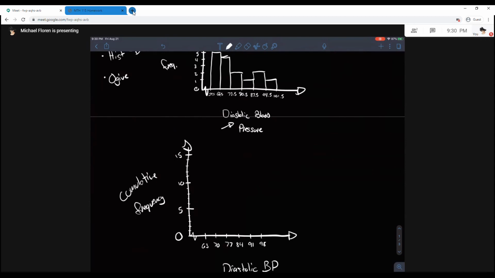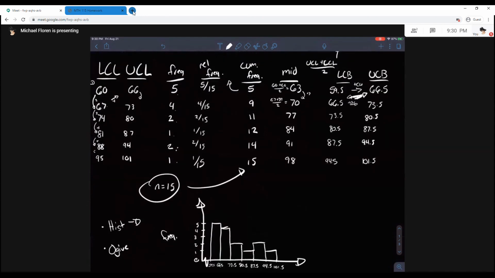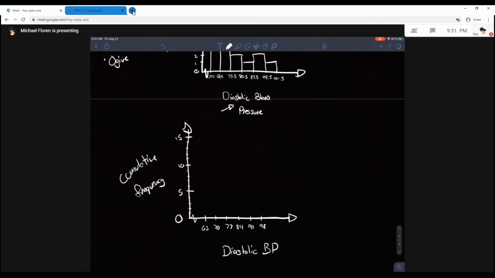All right, and then for my midpoint, I start at my midpoint and I just go up however high I need to go for that particular value. My first midpoint is 63 and my cumulative frequency is 5, so I'm going to start at 63 and go up 5. Then I'm going to go to 70 and go up by 9 and so on. So 63 goes up to 5 and I make a dot.